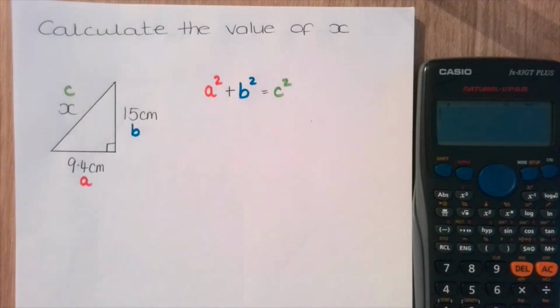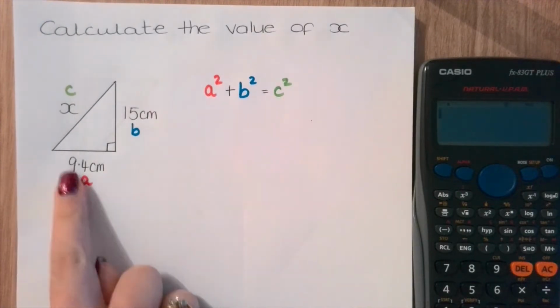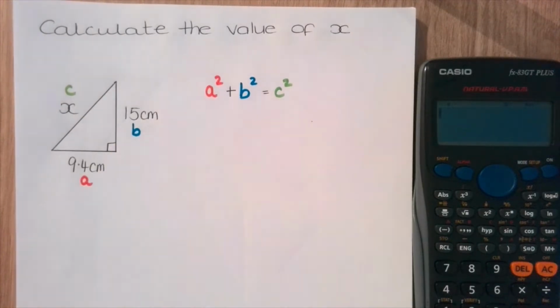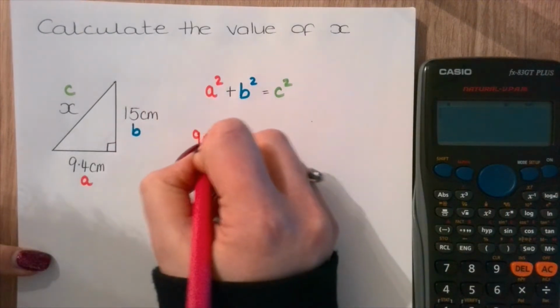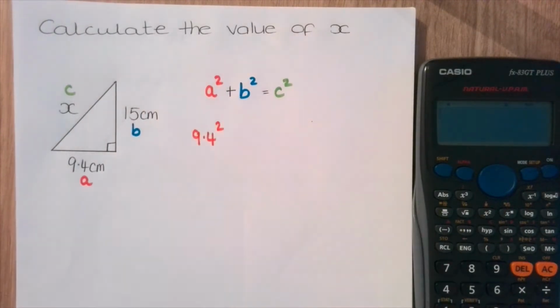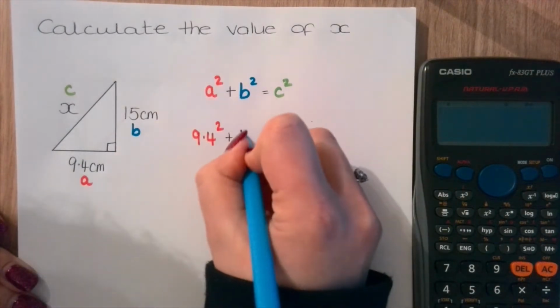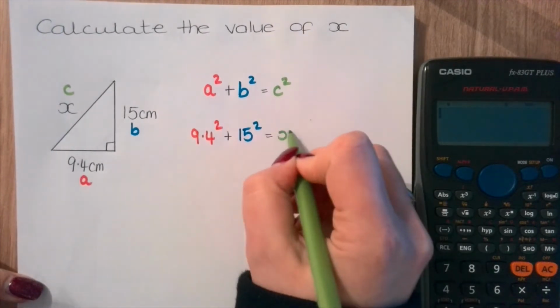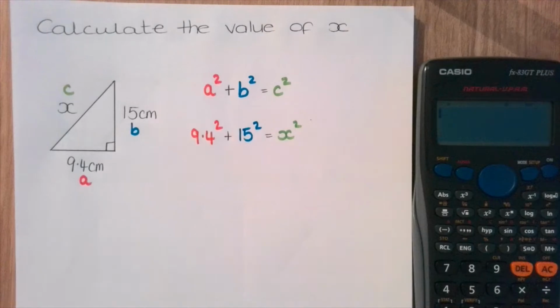Now I've got that set up, I'm just going to put in my value for A into the formula, my B, and also my C. So A is 9.4, so 9.4 squared, plus B, which is 15, so that's going to be 15 squared, and that is equal to x squared, because that's what C is.